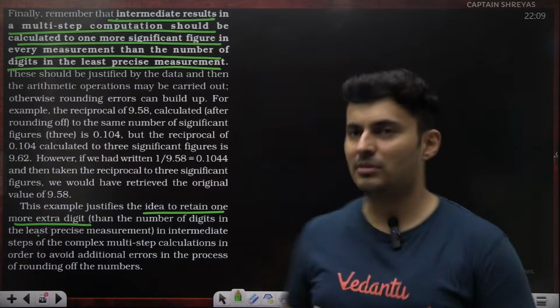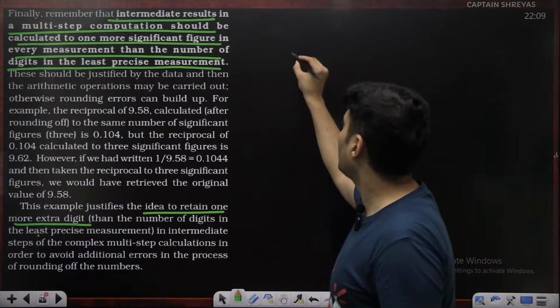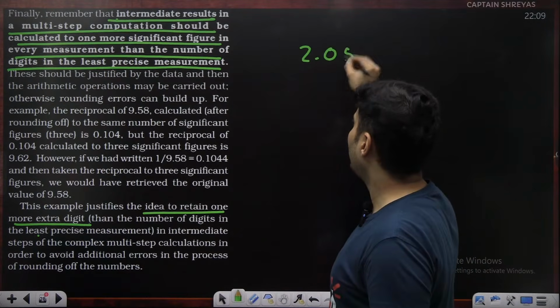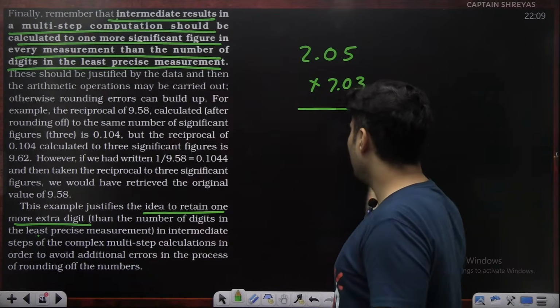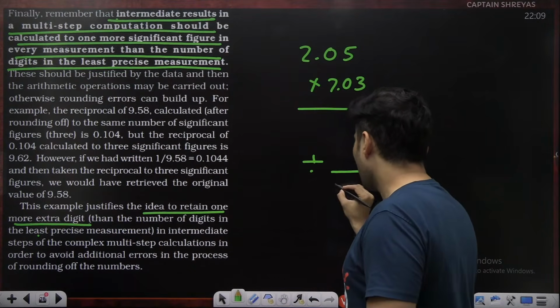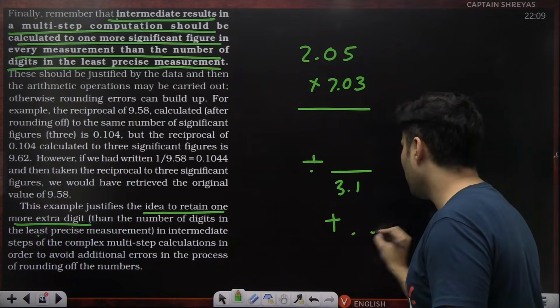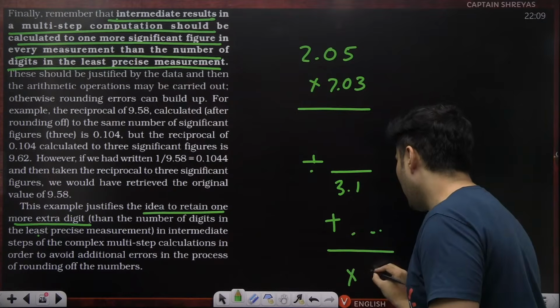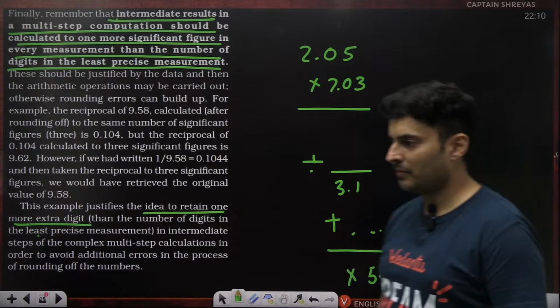Okay, so I'll tell you what this means. Say, for example, you are doing 2.05 multiplied by 7.03, and then whatever result you get, you have to divide it by 3.1, then probably add it to something, then again multiply it with 5.78. Some multi-step problem is there.